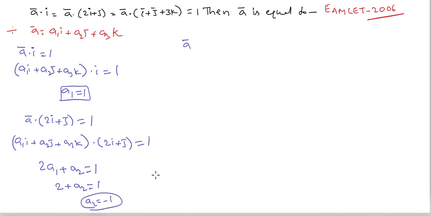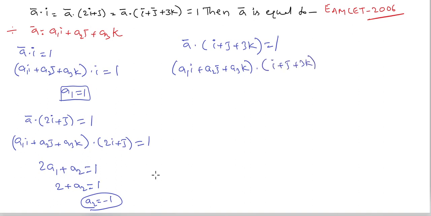And the third relation, A bar dot (i plus j plus 3k) is equal to 1. That is a1 i plus a2 j plus a3 k dot i plus j plus 3k is equal to 1, so a1 plus a2 plus 3a3 is equal to 1. Substituting the a1, a2 values, 1 minus 1 plus 3a3 is equal to 1. From this, a3 is equal to 1 by 3.